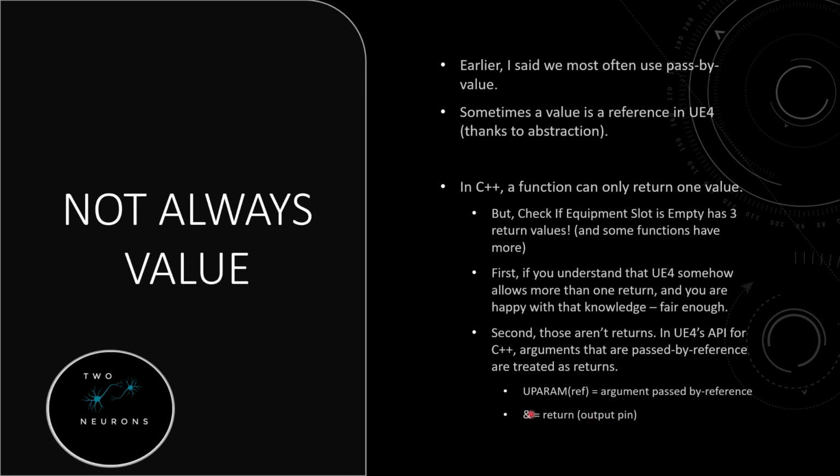If you want to get the C++ effect of using the ampersand in Unreal, when you're doing C++ in Unreal, it's UPARAM(ref) and then the ampersand and the value and the variable name. So this is what the difference is really. If we're passing in a reference, it can be treated like a return. If we're passing in, we want to actually treat it as a true reference, and we have to tell it that, hey, this is the Unreal parameter of reference.